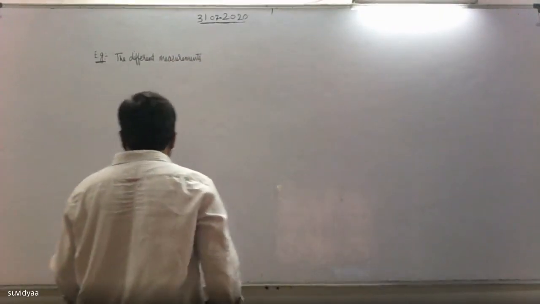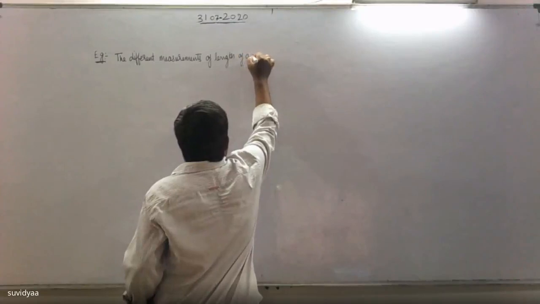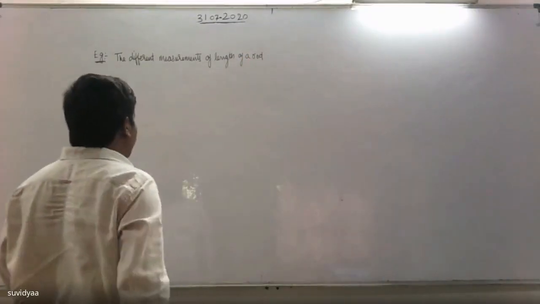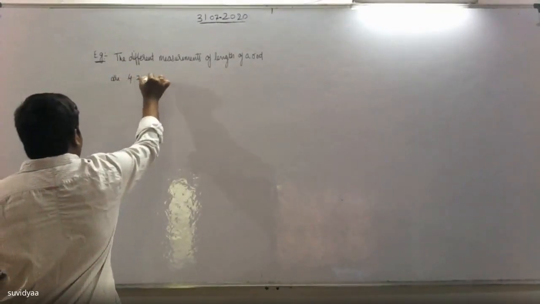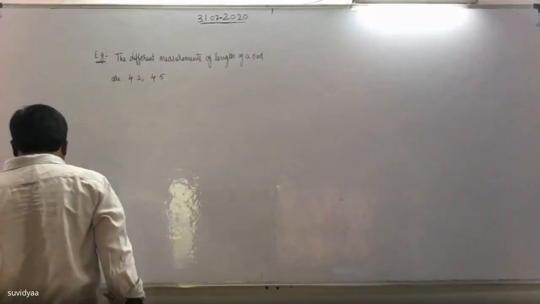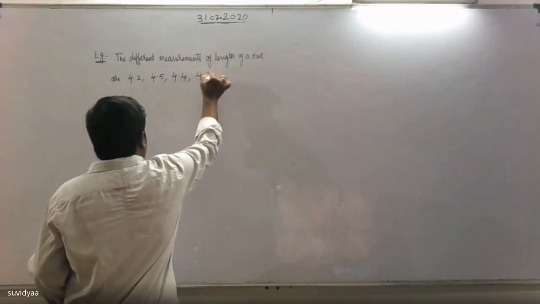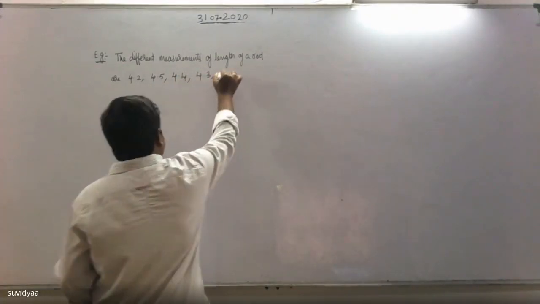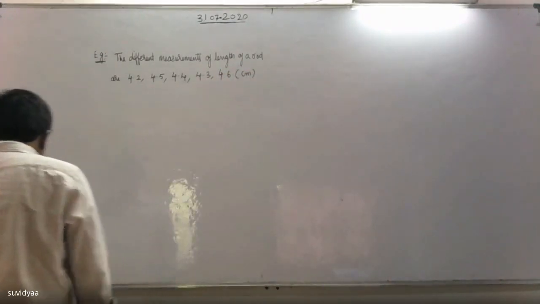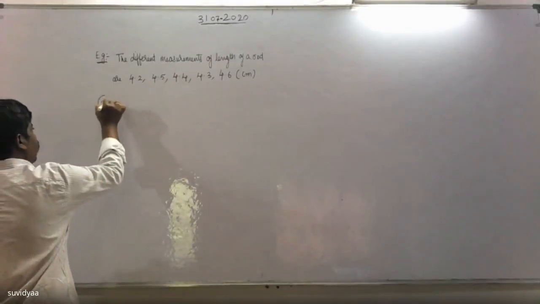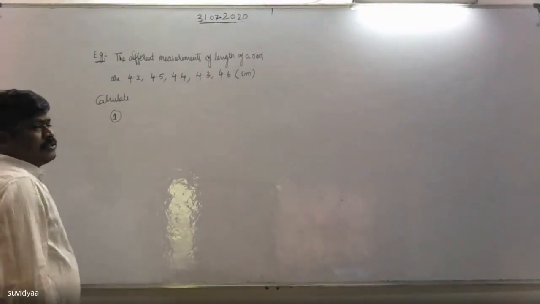The different measurements of length of a rod are 4.2, 4.5, 4.4, 4.3, 4.6. All these are in centimeters. Next, calculate. First one. Okay. Question understood now.